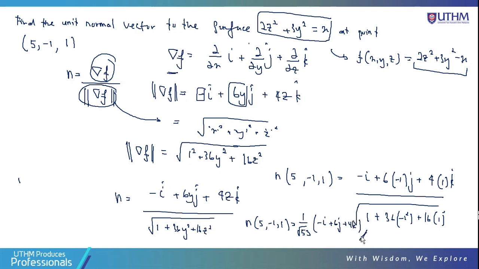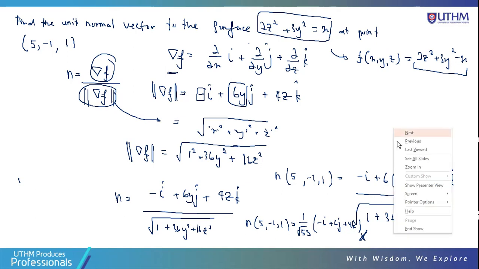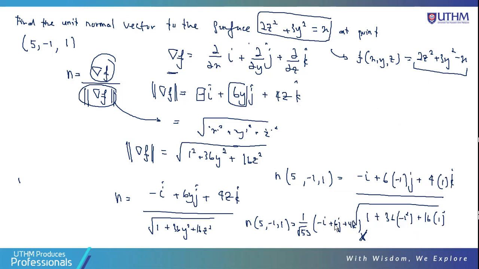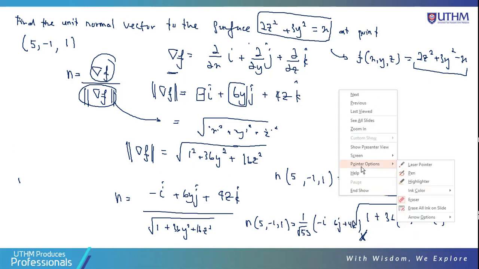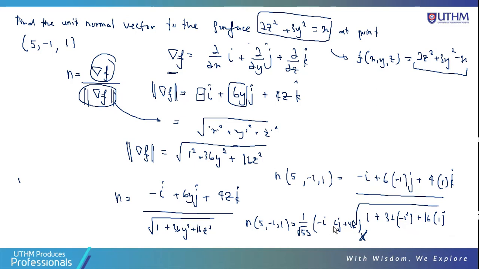Wait, sorry, negative 6j, don't get it wrong, negative. Okay, so this is the final answer for the unit normal vector. Simple, right? That's how you can solve for the unit normal vector.